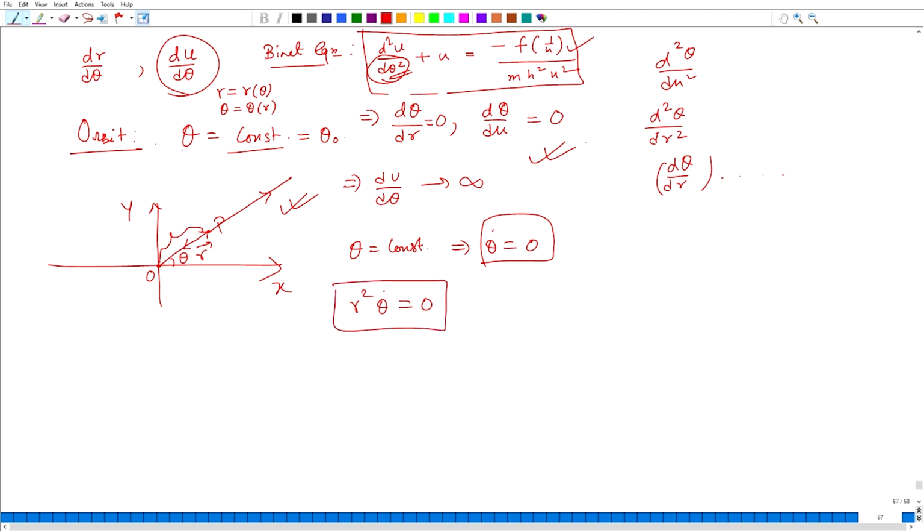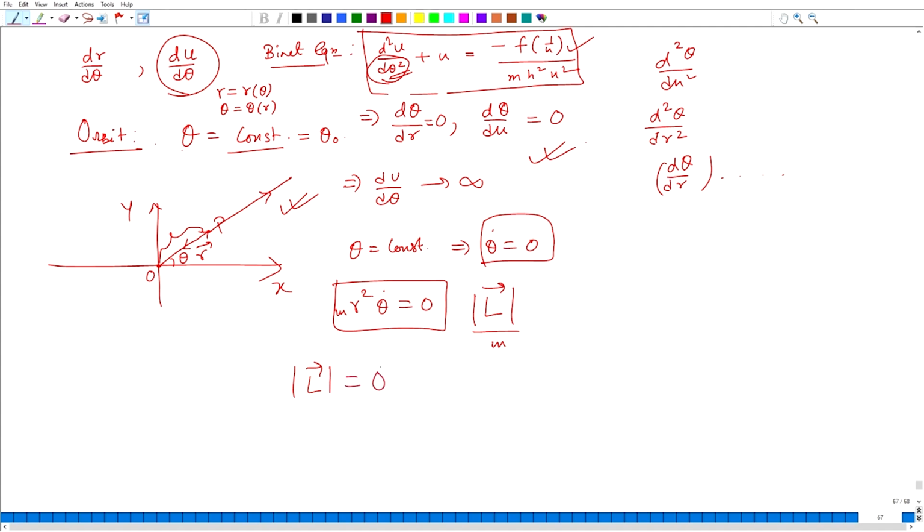And what is r square theta dot? This is actually mod L vector by m. So, if r square theta dot is 0, m r square theta dot is also 0, so once again mod L is equal to 0.